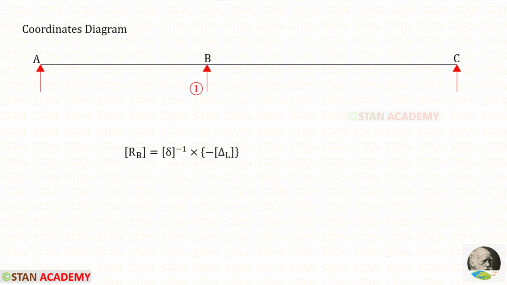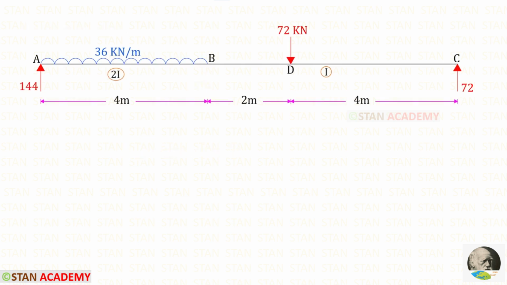To find the displacements delta and delta L, we are going to use the unit load method. In the unit load method, we have to make sections. Let us take the released structure. Let us keep this point as D. In this beam, there are 3 different parts, AB, BD and DC.